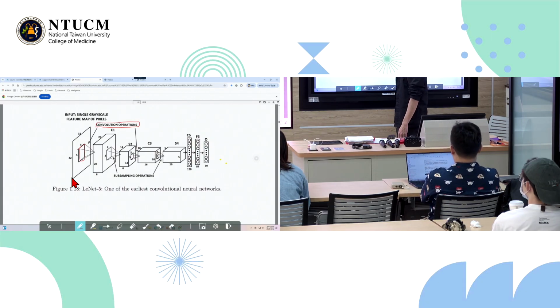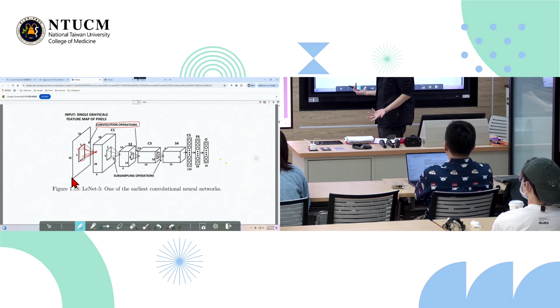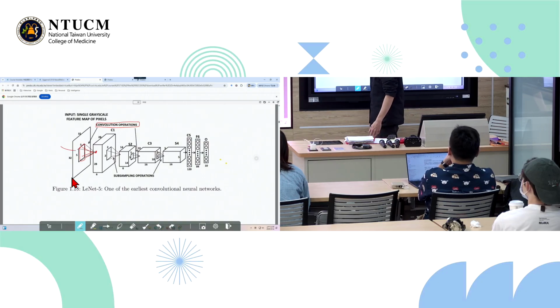Out of the 32 by 32, what you do is you have a window of 5 by 5. And in this 5 by 5, it affects a deeper layer. And this deeper layer takes the input from the 5 by 5. This is the kernel, convolutional kernel.